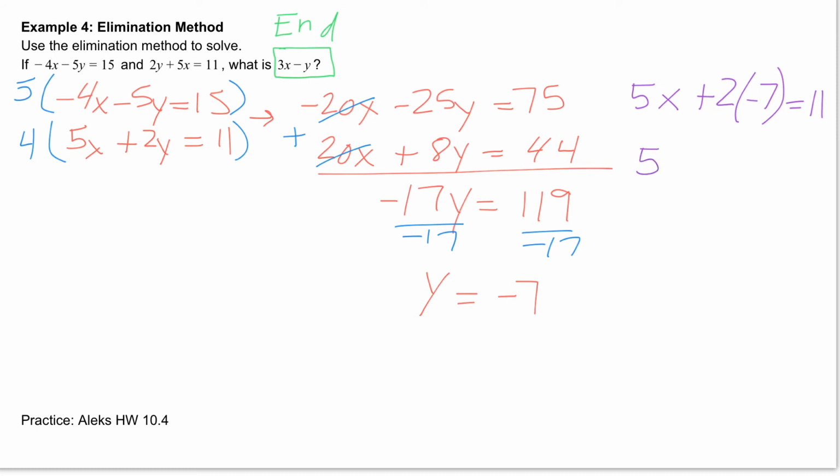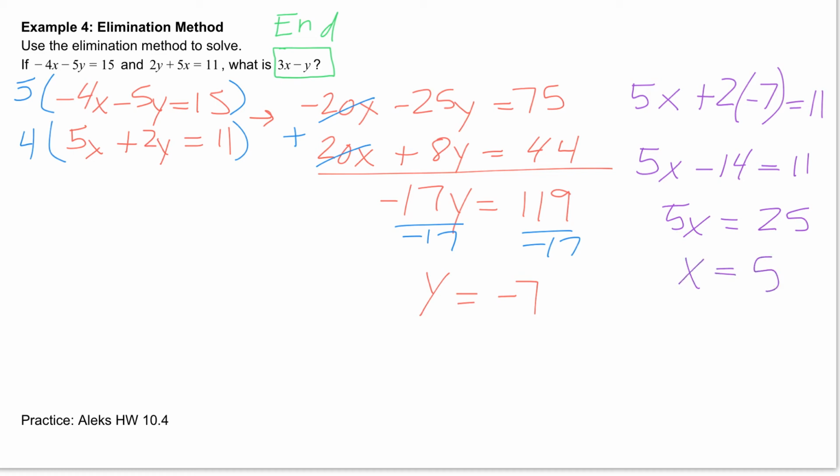So I have 5x minus 14 equal to 11. Then I can add 14 over to the other side, and I get 5x equal to 25. And finally, I can divide both sides by 5, and I get x equals 5.